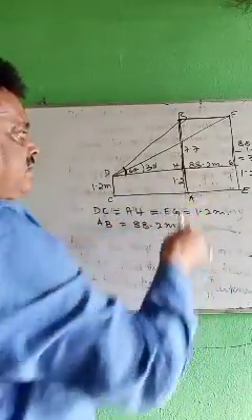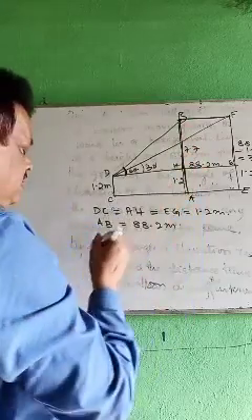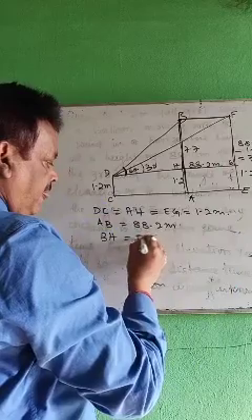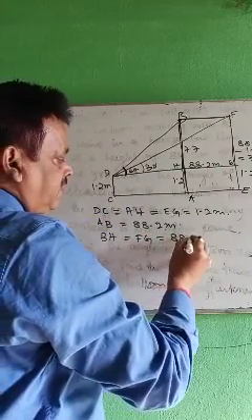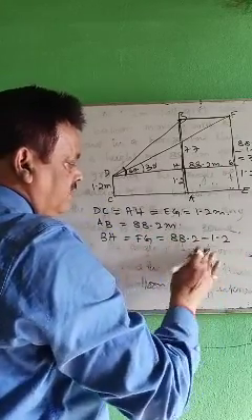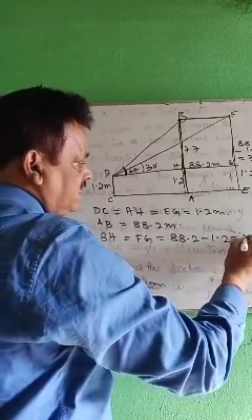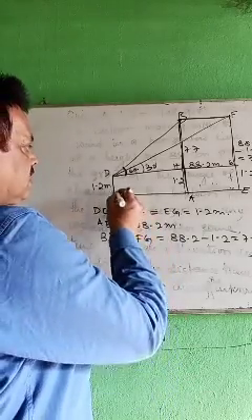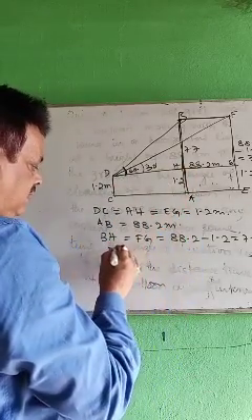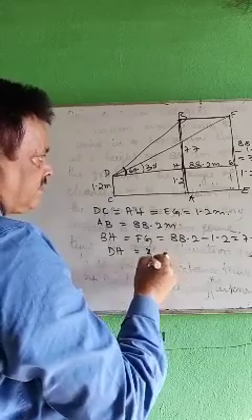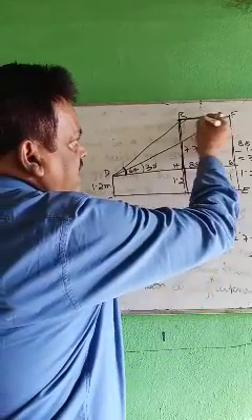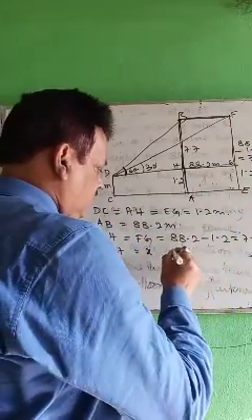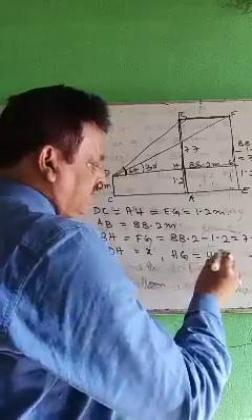Therefore, BH equals FG, which is 88.2 minus 1.2, that is 77 meter. Now suppose DH equals x, and this is the distance shifted here. How much is it shifted? HG equals y.